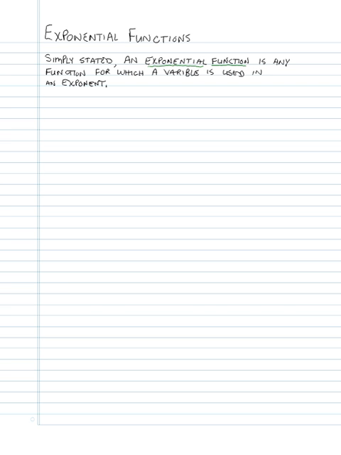Now, the most basic type of exponential functions are functions of this form, where we simply have some constant to a power that is a variable. That's the most simple type.